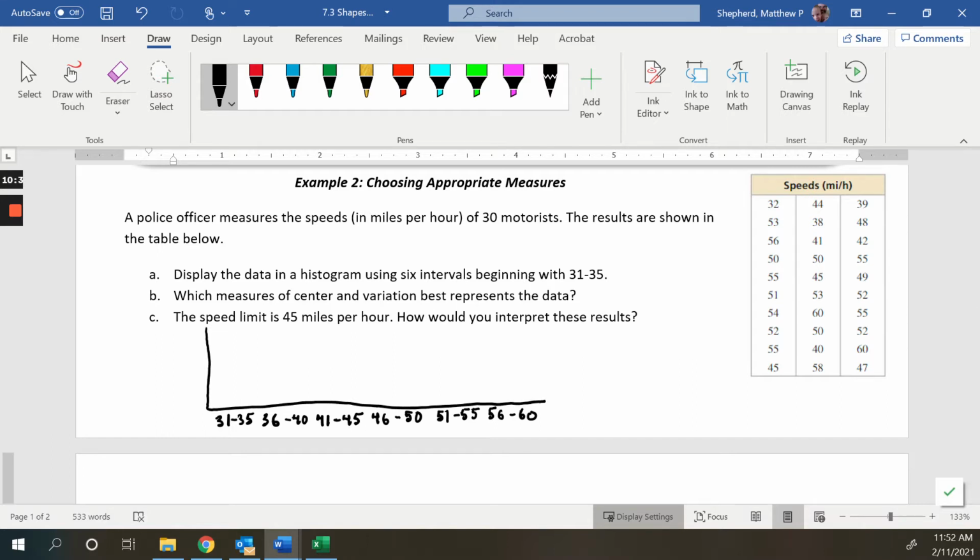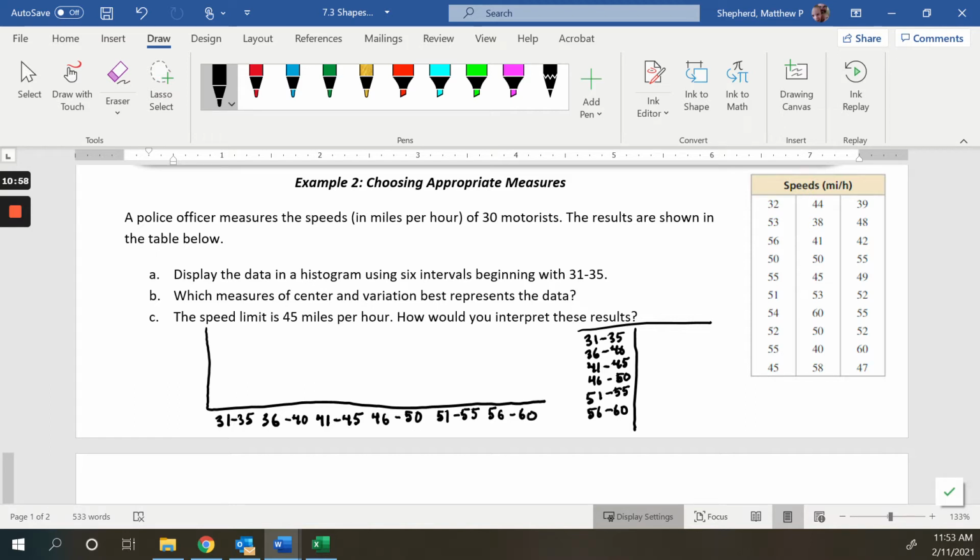Next thing I'm going to do is I want to get a good solid count of each of these. We'll finish up with the box and whisker plot. But in fact, before I finish up this histogram, I'm going to want to create a frequency table. All right, so here's my frequency table. I just got all my intervals right there.